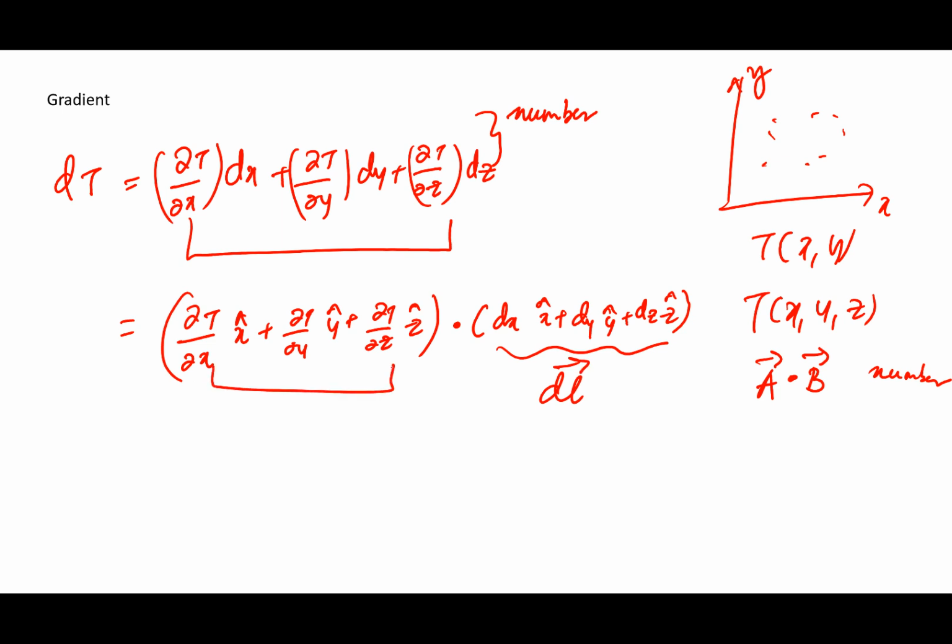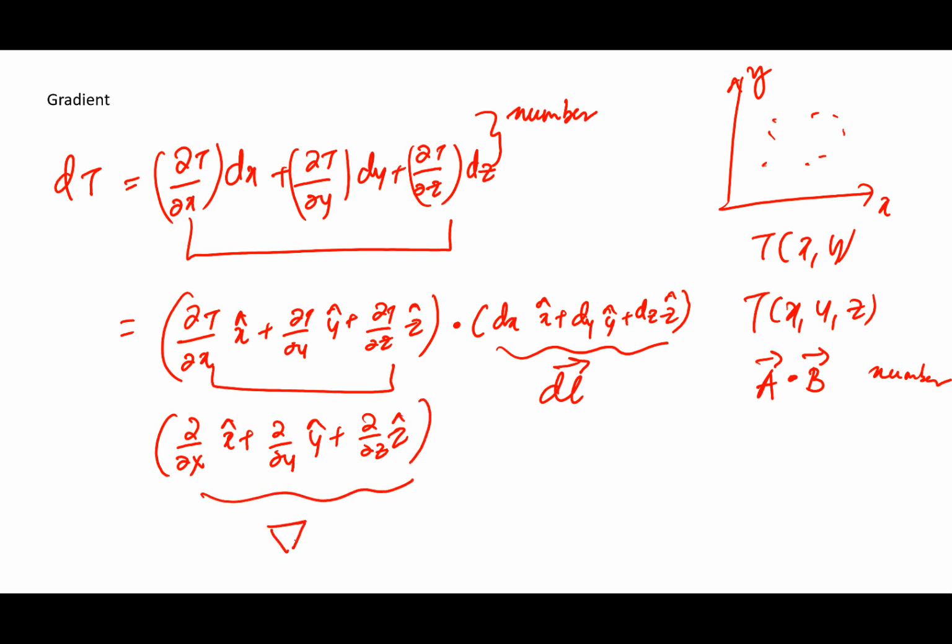And we are going to split this further into an operator. We are going to take all these derivatives and club them together, and call that an operator, an inverted del operator, the gradient operator. We give it an arrow on top because it's a vector.